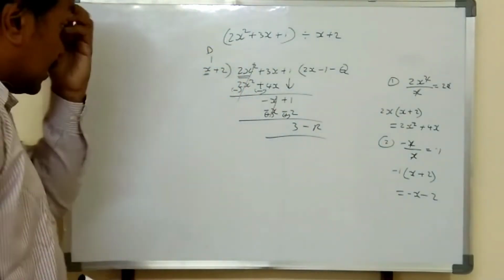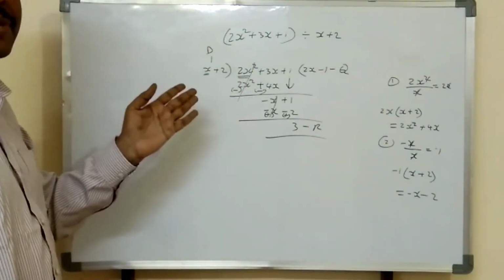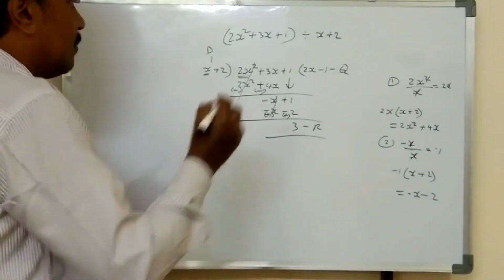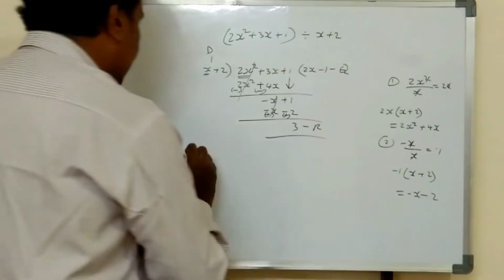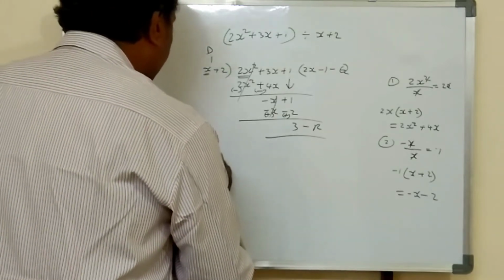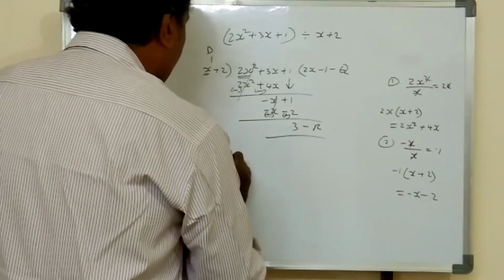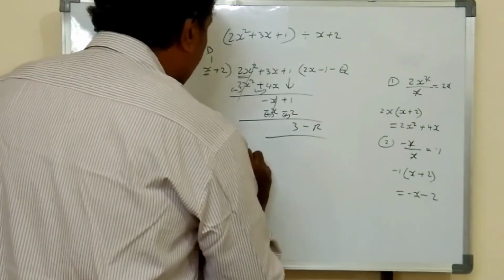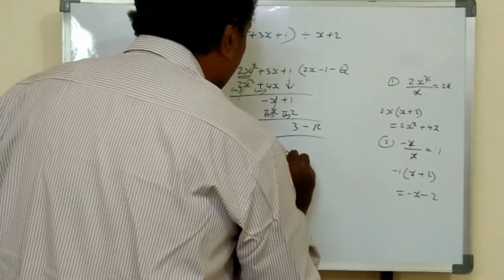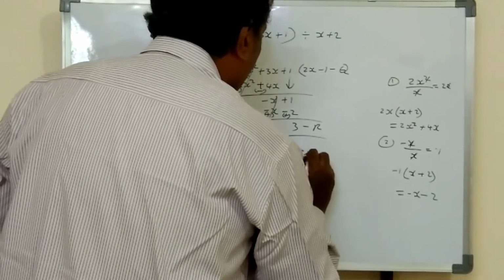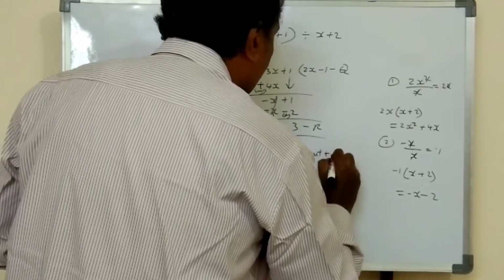Once again, we'll verify whether our division is right or wrong. For that we have to follow this. What is the dividend? Dividend is equal to divisor into quotient plus remainder.